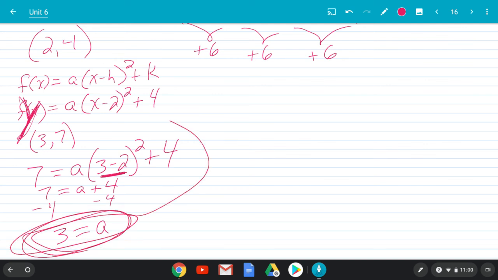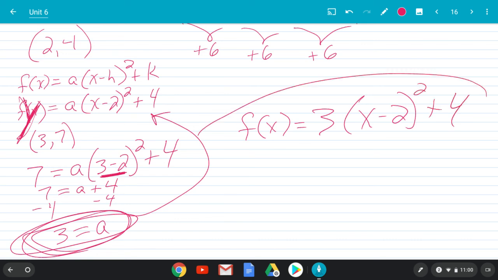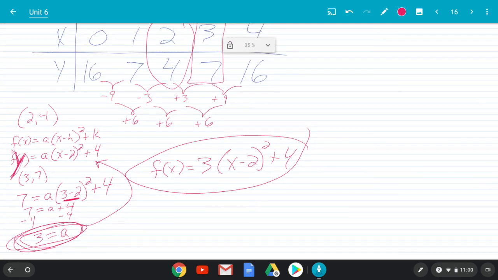Plug that back into my format. f of x equals 3 times x minus 2 quantity squared plus 4. There is the equation of the parabola given to us in that table.